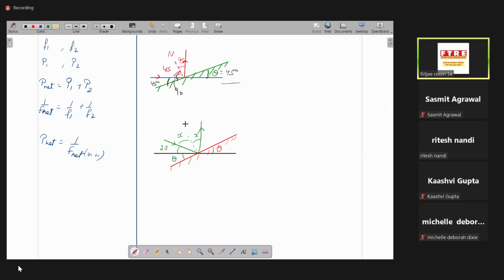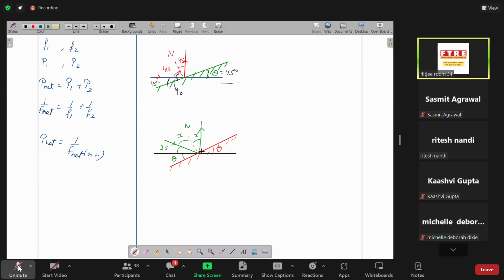So we will get two relations. One relation will be with the normal and plane mirror, that means x plus theta plus 20. Also we get x plus x plus 20 is equal to 90 degrees.